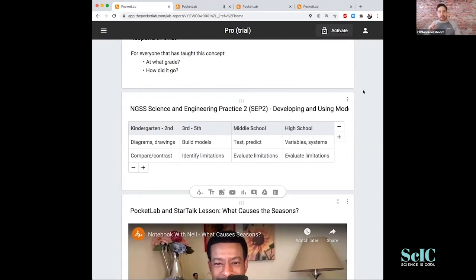And let's talk about sort of the modeling aspect of it. So if you're in the US and you're in a state that has adopted the NGSS, Next Generation Science Standards, you may or may not know that part of those standards are an emphasis on what are called science and engineering practices.